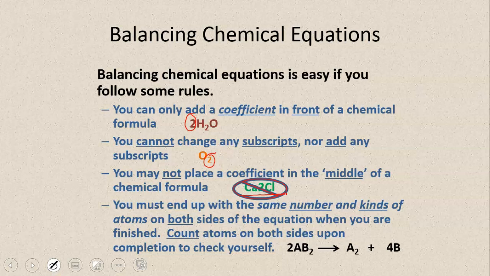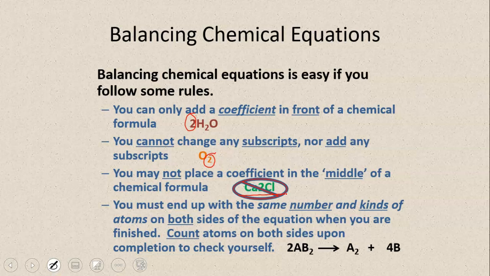We already know the substance that we're working with. We have to keep that formula. And ladies and gentlemen, you need to end up with the same number and same kinds of atoms on both sides of the equation when you are finished. So make sure that you count the atoms on both sides when you are done to make sure.